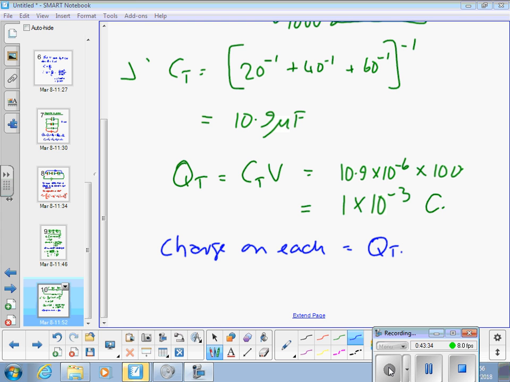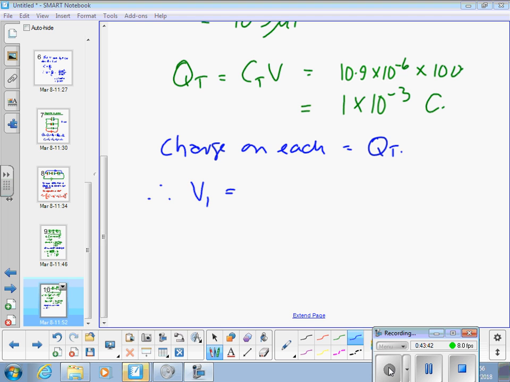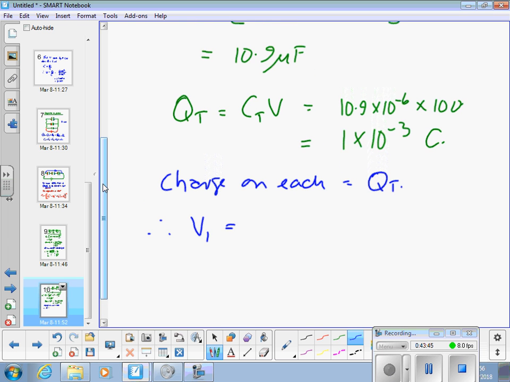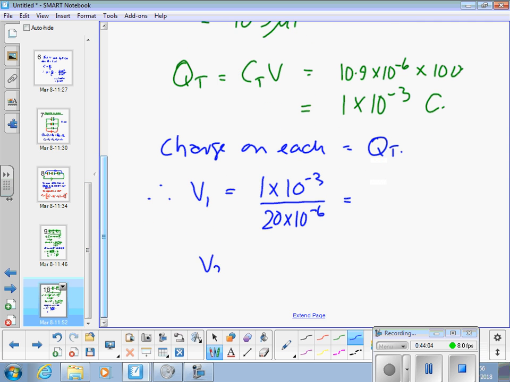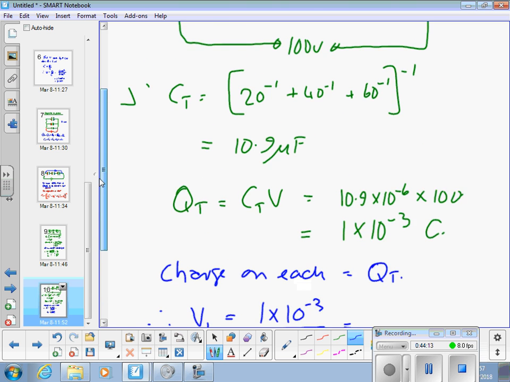The same for V1 times 10 to the minus 6, by that 120 microfarads. 40 and 60.